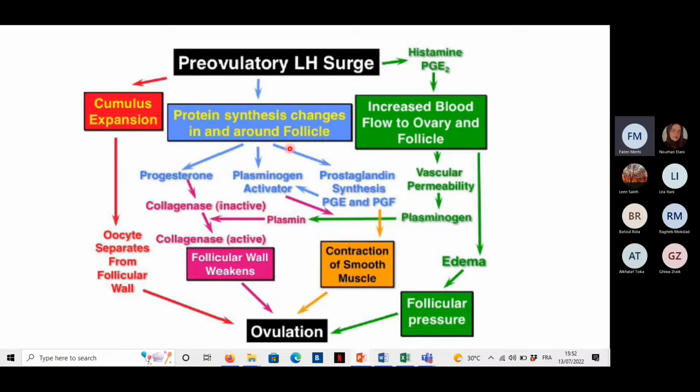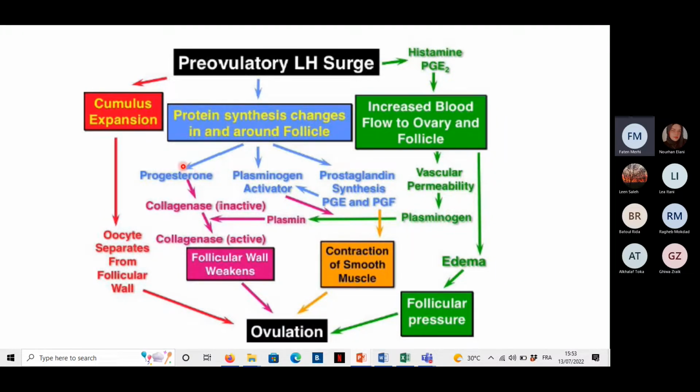In fact, we will have a synthesis of prostaglandins that will lead to the contraction of smooth muscles, and we will also have the production of plasminogen activator that will lead to the conversion of the plasminogen into plasmin, and the plasmin will lead to the activation of the collagenase.